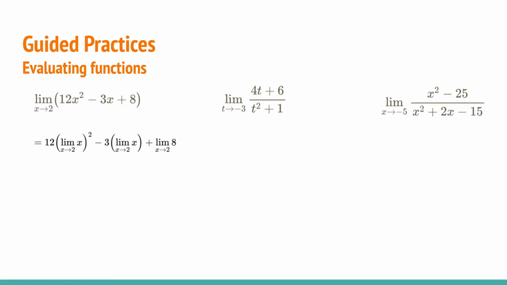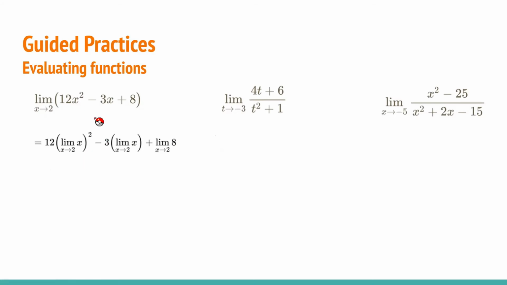Also, we can already apply other laws, including the constant multiple law, and eventually we will also use the constant law for the limit of 8. But first, let's discuss what we have done here.